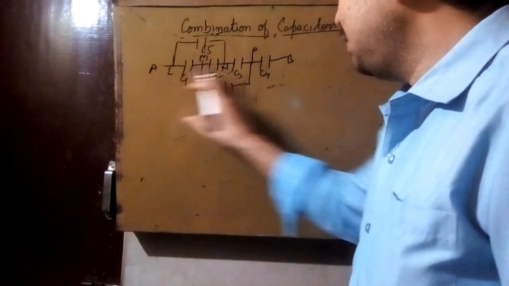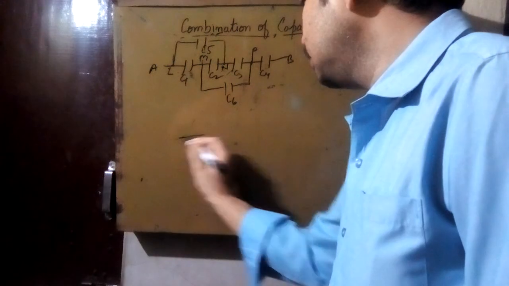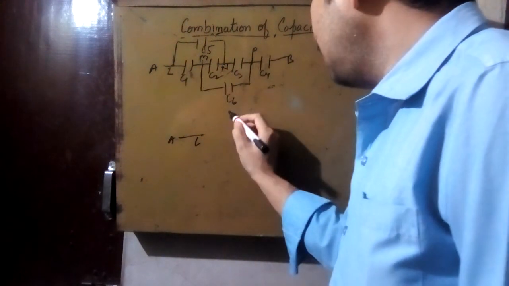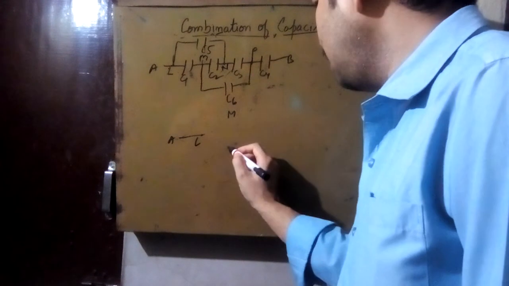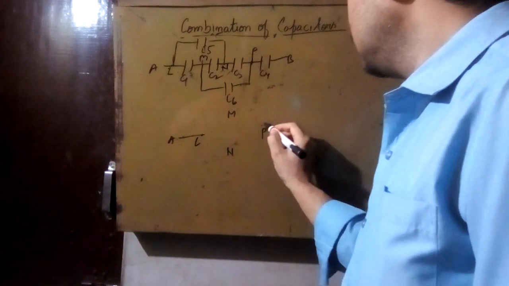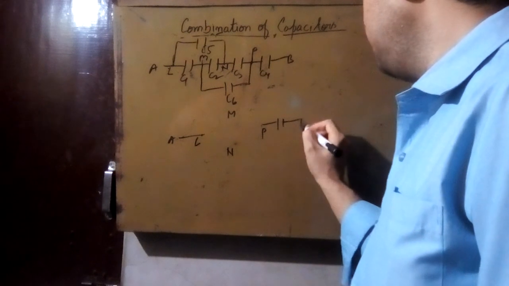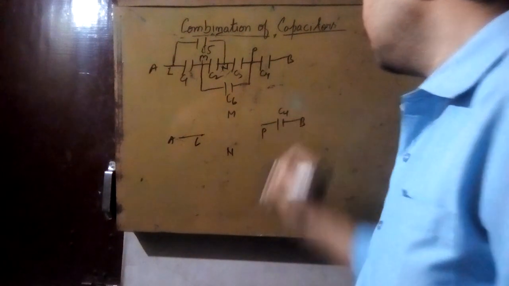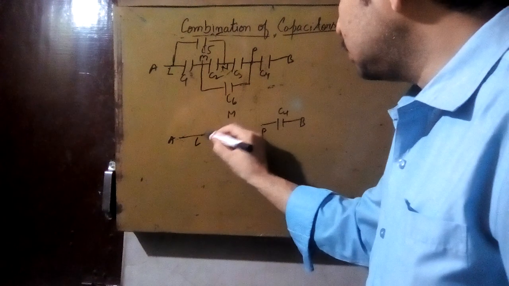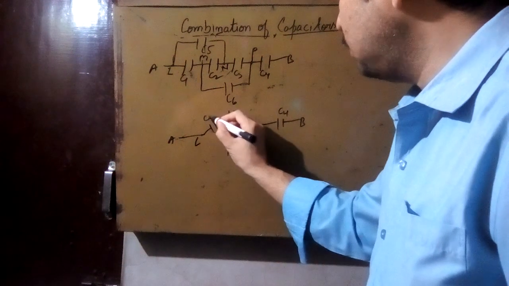Now you have to write these points in this way. This point A is L, then M you have to write here, then N you have to write here, then P, and this point is connected to point B through a capacitor C4. Now, what is the capacitor between L and M? C1. So you have to write here C1.